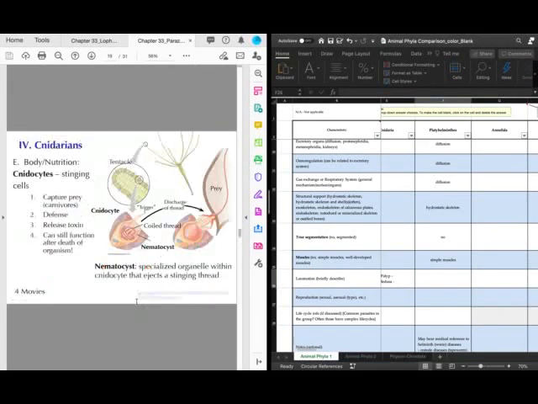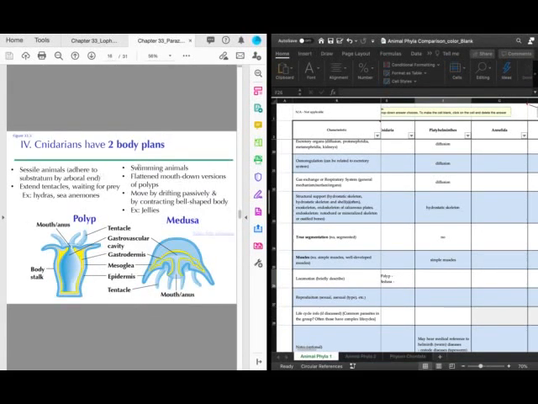Let's see here. This is swimming, sessile. So we can just write quickly like Medusa contracts, L-shaped body. Polyps are sessile. Right. Reproduction.